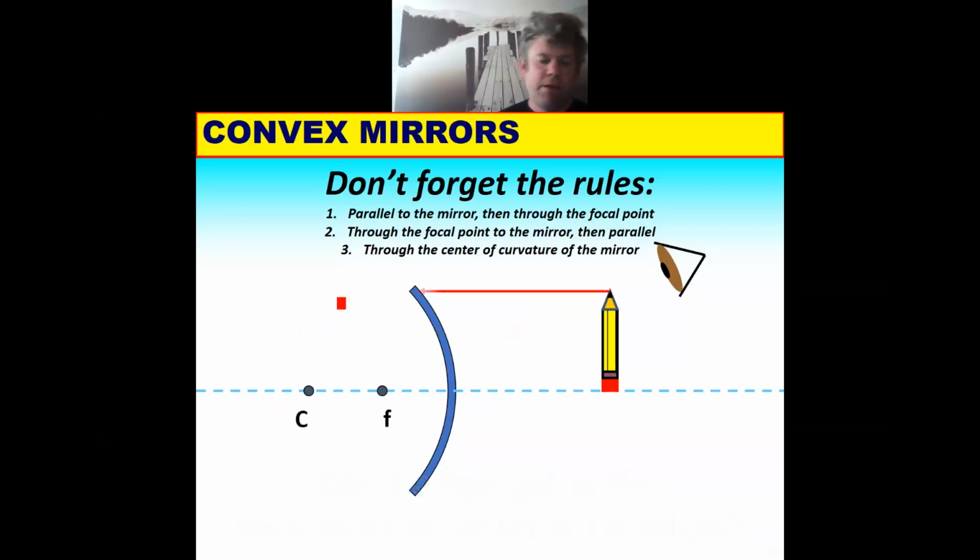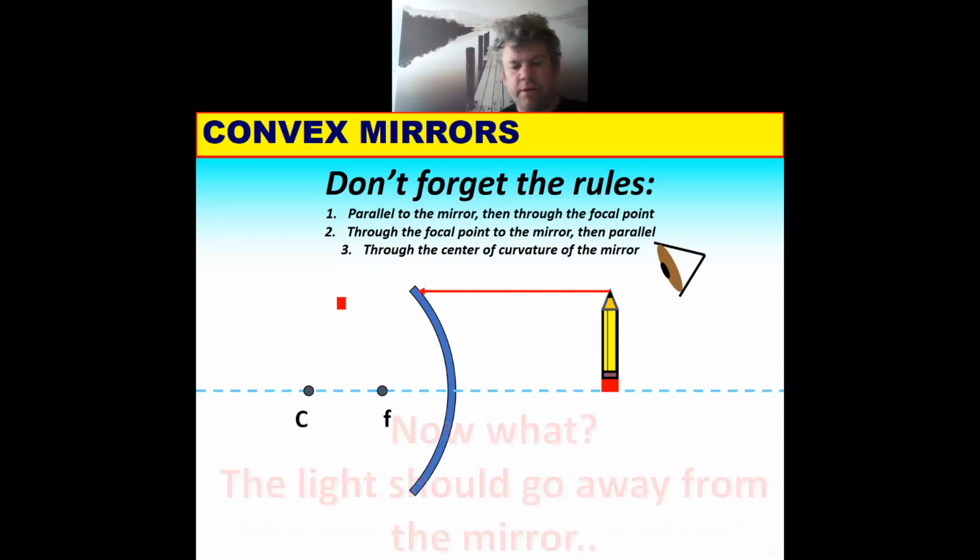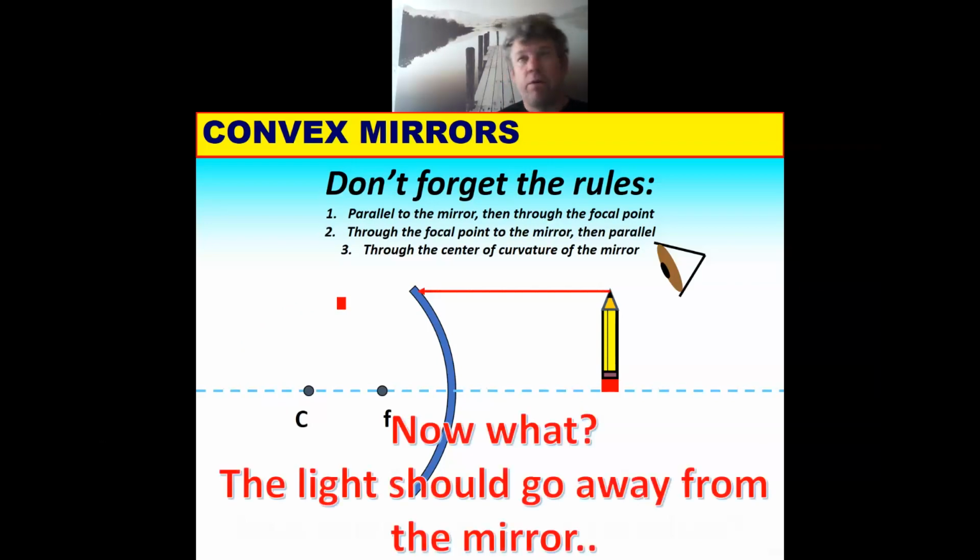All right, so here we go. First one, there's our ray parallel to the axis. Then we ask the question, now what? Once this hits this mirror, it should reflect, just like we saw in the entry where the dog and the cat were seeing themselves in the mirror. That light from them is going to bounce off and come right back towards them.